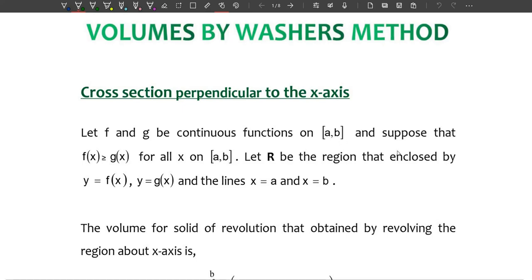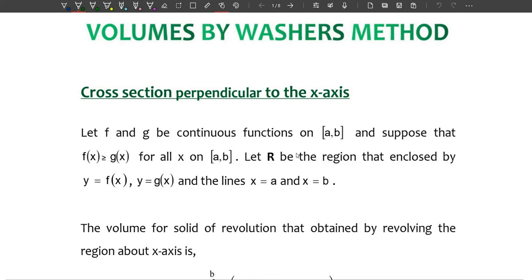Okay, volumes by washer method. This one is for the cross section perpendicular to the x-axis. Let f and g be continuous functions on the interval a to b, and suppose that f(x) is greater than or equal to g(x) for all x on the interval a to b.